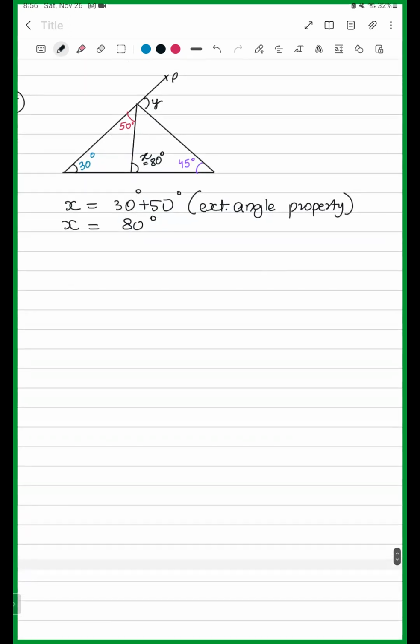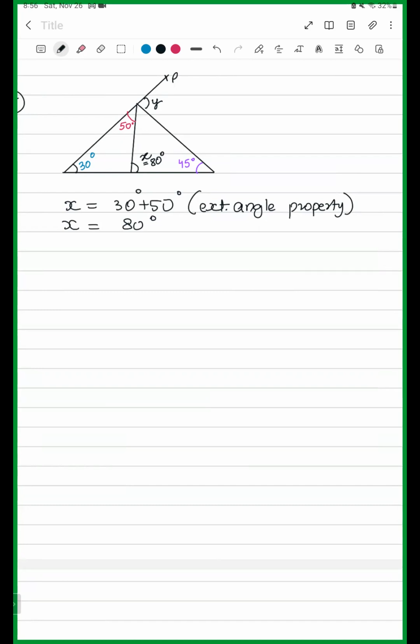Then there are many ways of finding y actually. Can we say that y is equal to 30? And how come? Because now it's only 30.